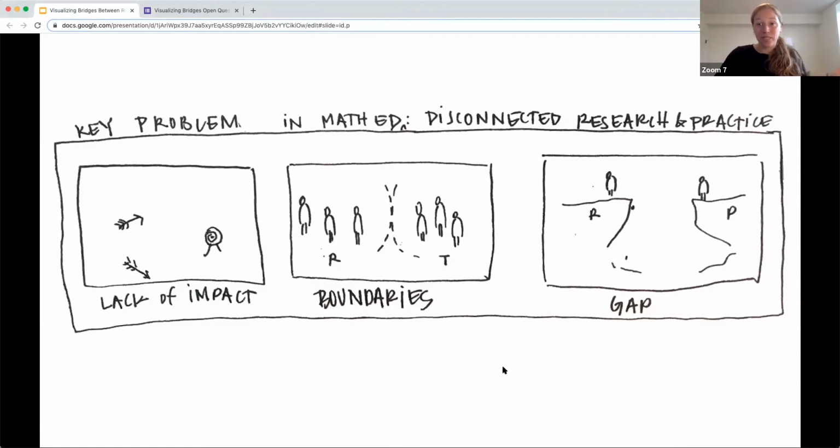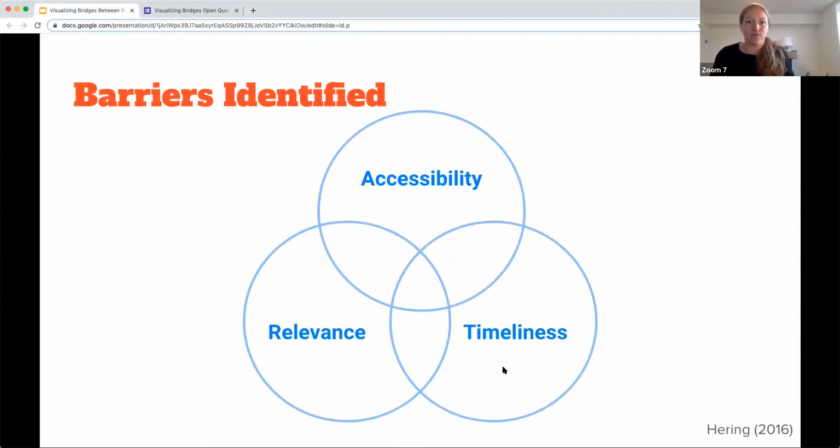So what does the research say about this research practice gap? So current research has identified three main barriers, and the three main barriers are here. So accessibility is a big one. Researchers often share their work passively and making it available via scholarly outlets that often have restricted access. And teachers often don't engage with these publications or attend the same conferences.